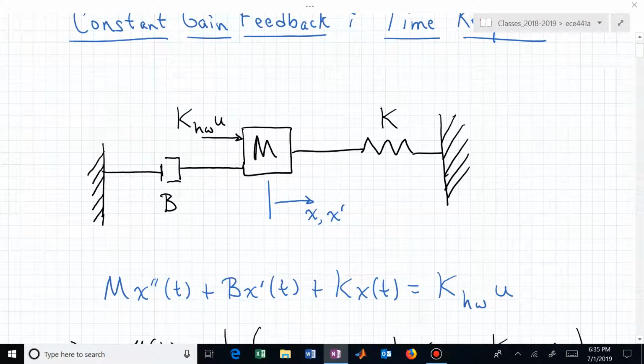We should be comfortable with describing the dynamic behavior of that system by now.